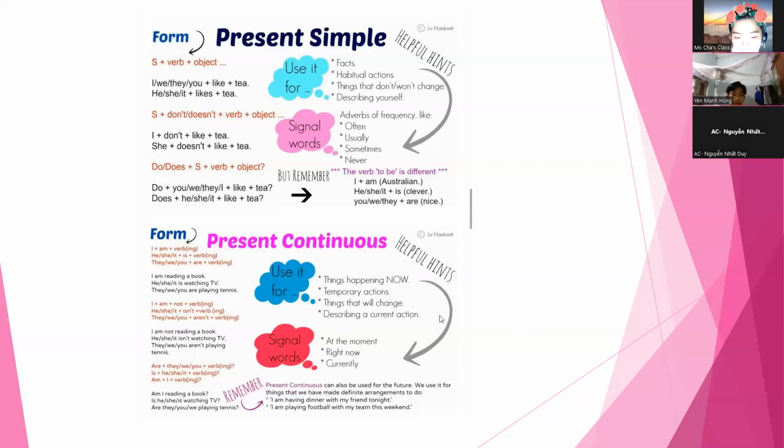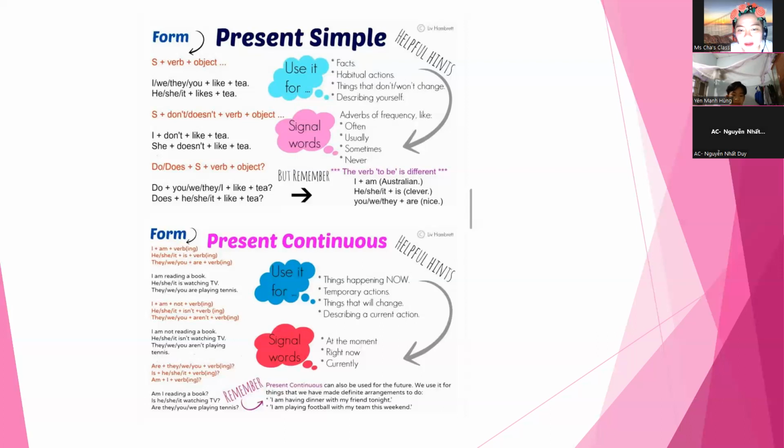In the present simple, we use it for general truth and law of nature. Sorry, can you say it again? For general truth and law of nature. Like the sun sets in the west. General truth meaning facts. Okay, very good. That is right.